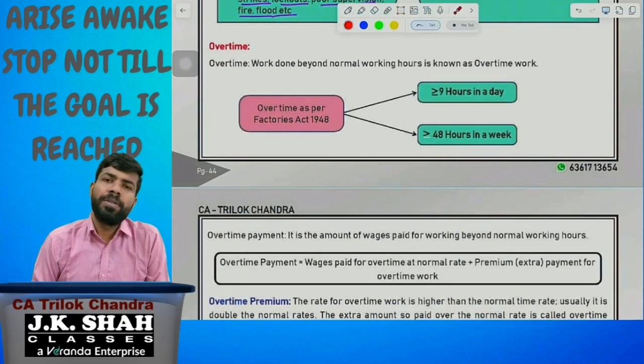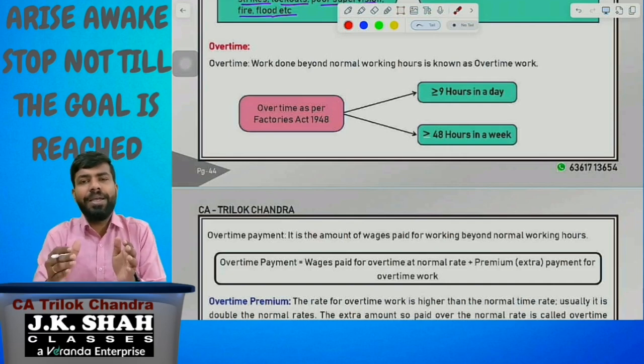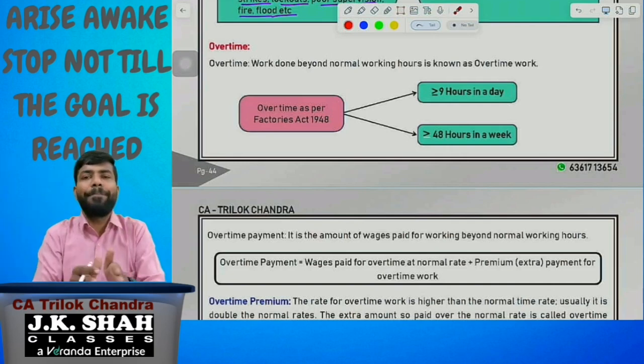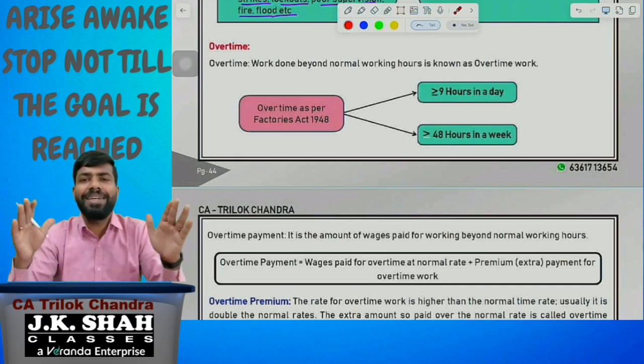What is overtime? A worker working beyond normal working hours. Let me take an example. The company policy is to work Monday to Saturday, in a day 10 a.m. to 6 p.m. In terms of days, Monday to Saturday in a week. In terms of hours, 10 a.m. to 6 p.m. This is the normal working time.